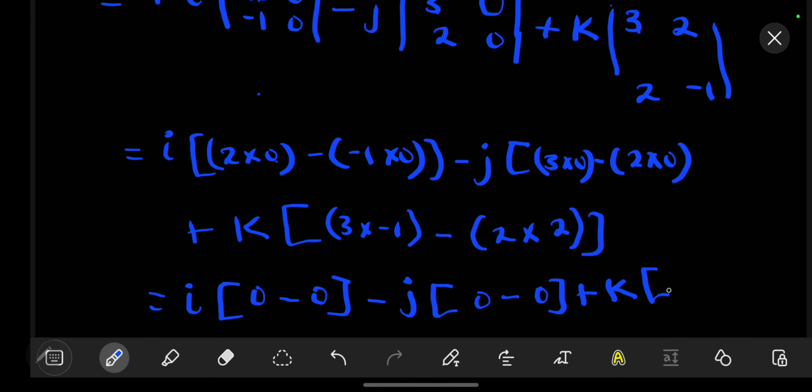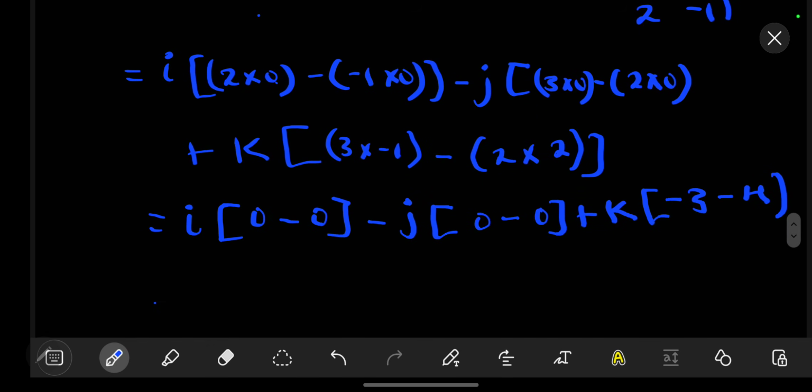Then on our k we have 3 times negative 1, it will give us negative 3, then we have minus 4 like that. So this is what we have. So we are going to have our i times 0, this will be 0i. Then our j times 0 will give us negative 0j.